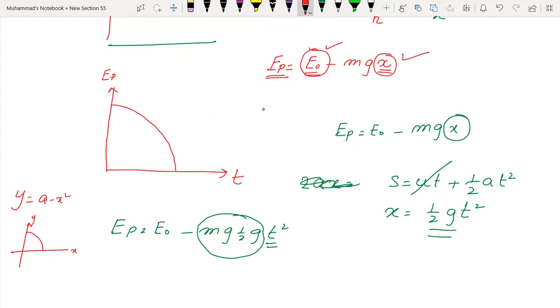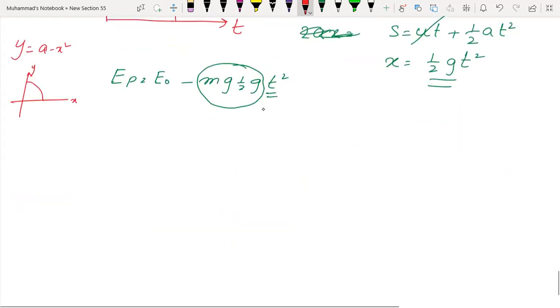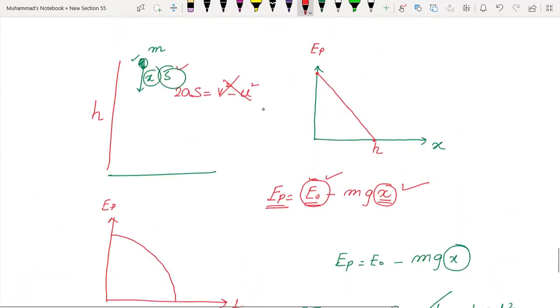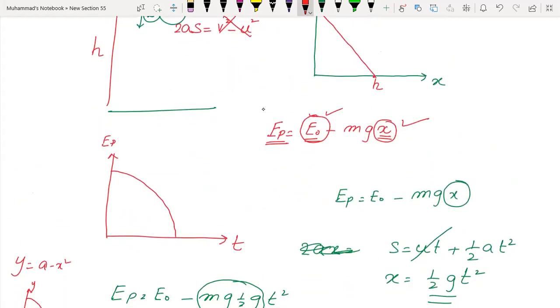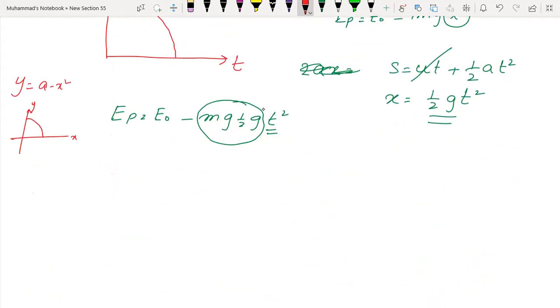What about kinetic energy? If potential energy is decreasing, then the kinetic energy would increase. And you know that kinetic energy is half mv square. And 2as is equal to v square minus u square, and u square is 0. So v square is 2ax.